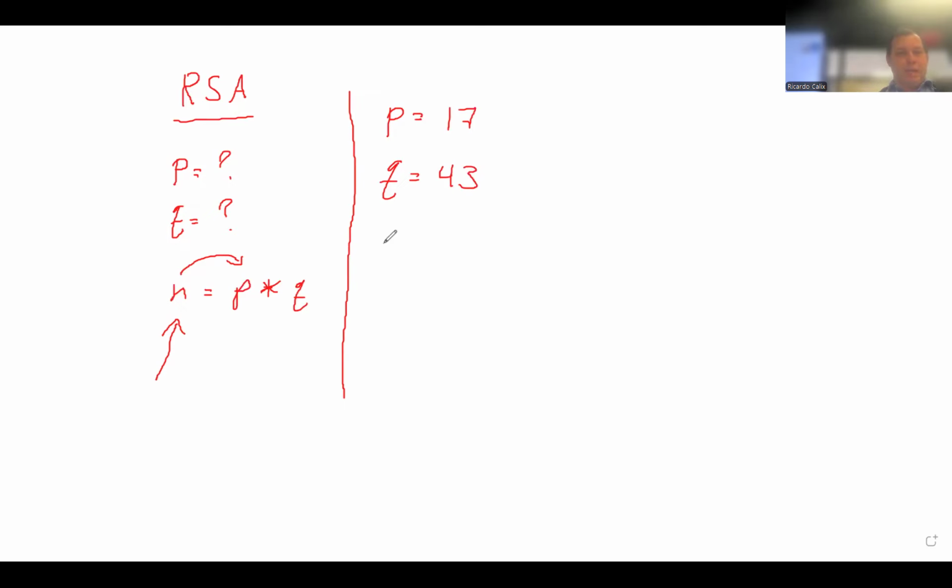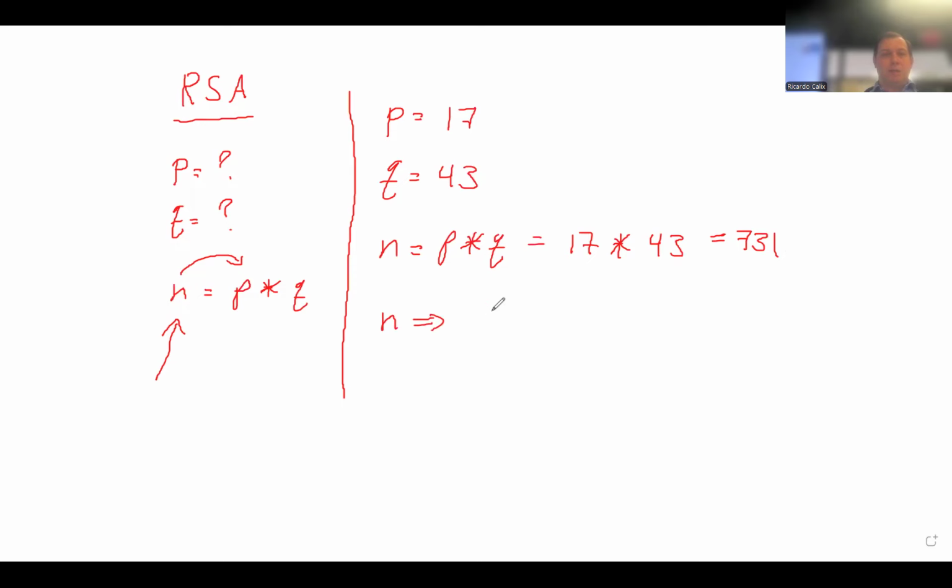Now the next step is to compute N, which is P times Q, 17 times 43, which is 731.